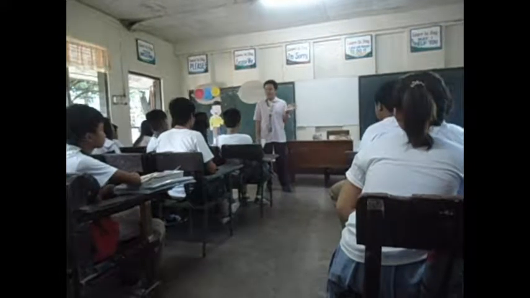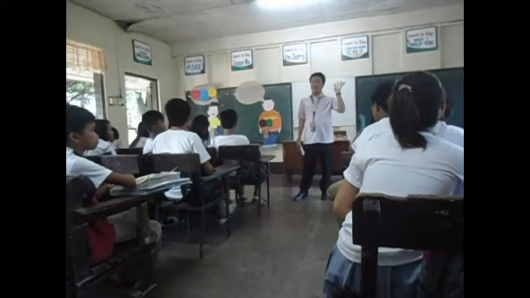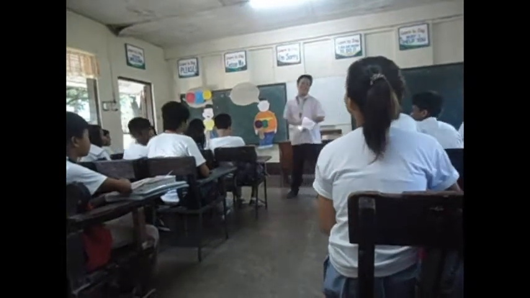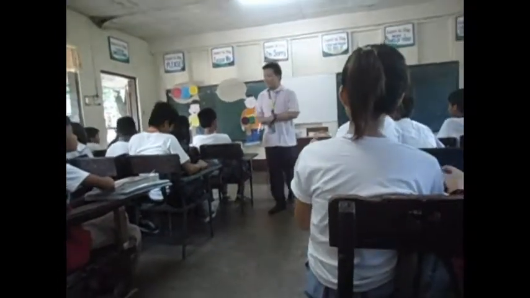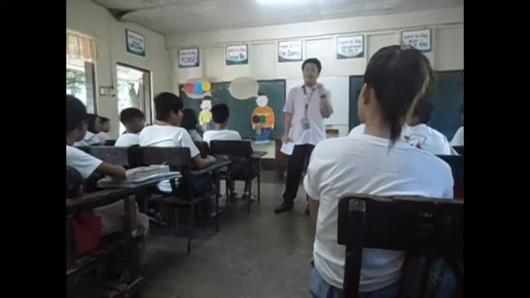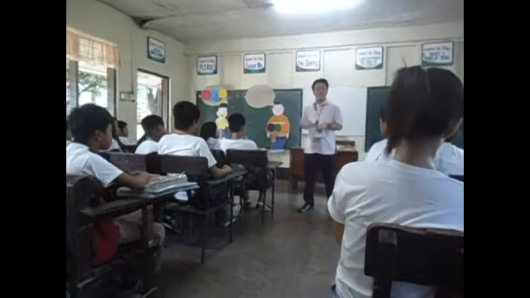Or shape? Square, triangle, any one of you? Oblong is part of our shape. Very good. So, we also have numbers. Who among you loves numbers? 1, 2, 3, 0 is part of our number system.